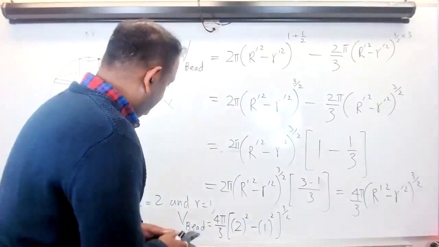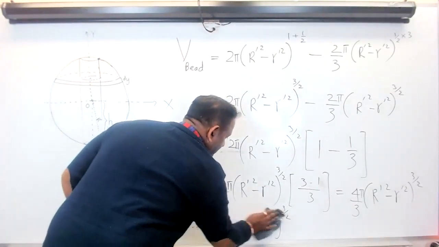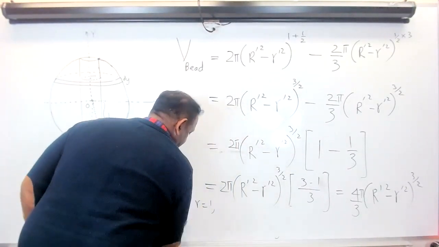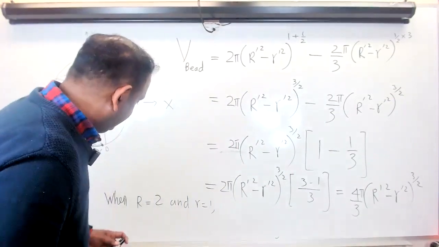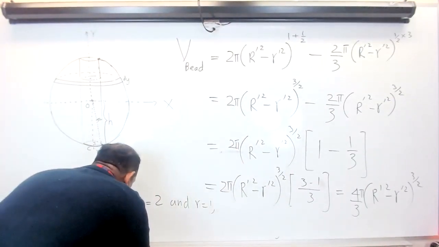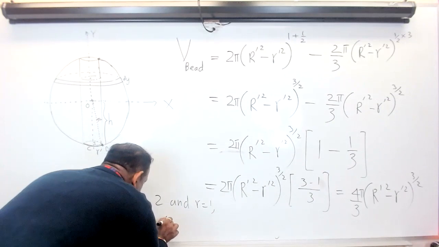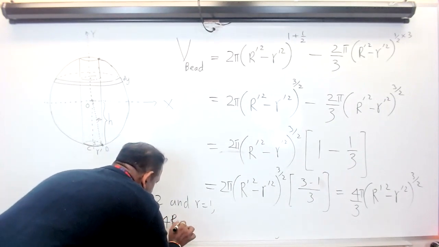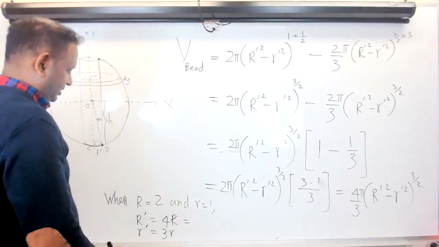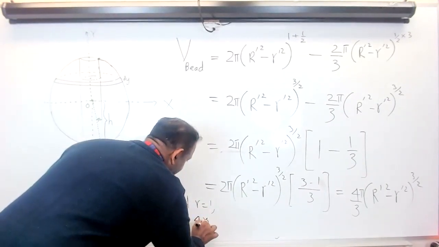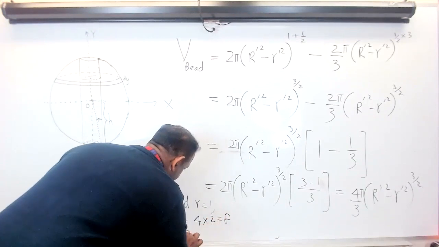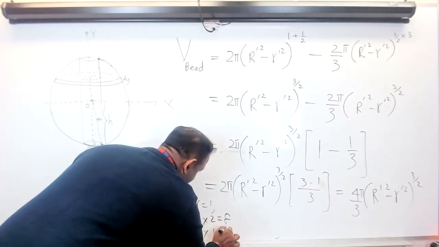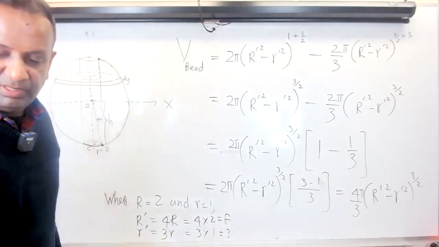No, we didn't do that one. Not right, because we have to create this one. R prime is 4R, simple R prime is 3 simple R. 4 times 2, sorry, 8, 3 times 1, 3. Now you have to plug in that one.